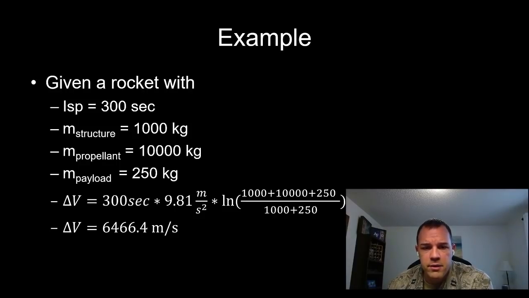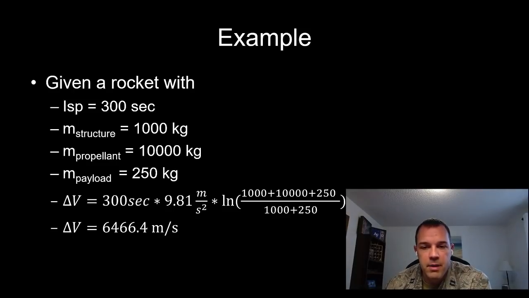Now, if we plug that all into the delta V equation, you can see that the ISP is 300 seconds times g naught, which is the acceleration due to gravity, 9.81 meters per second squared, times the natural log, that's what the LN button is called on your calculator, of the initial mass, which is just everything added up: 1,000, that's our structure mass, plus 10,000, that's our propellant mass, plus 250, don't forget about 250, that's our payload mass.